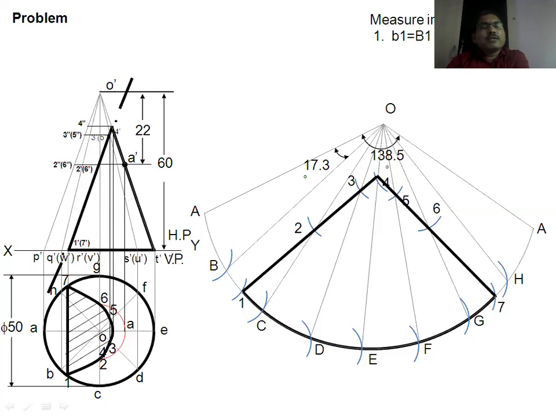So transfer here 3'' and 5''. Take that distance from O here and mark the point. Then similarly the 4' point is directly on the extreme right generator. So you can take that distance, project that point 4' on this OE generator, and join these points here.